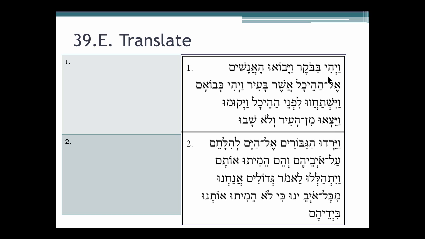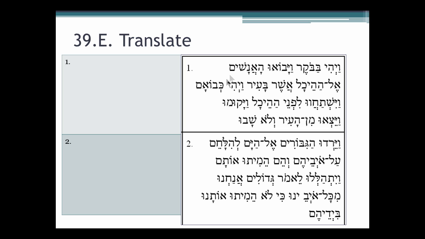Okay, and it came to pass in the morning, either that or just they went. Who's they? Well, ha'anashim, the men went, el, to, ha'hekal, to the temple, asher, which, ba'ir, in the city, which was, we'll supply in English, in the city. They went to the temple which was in the city.